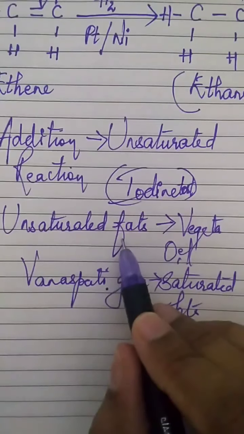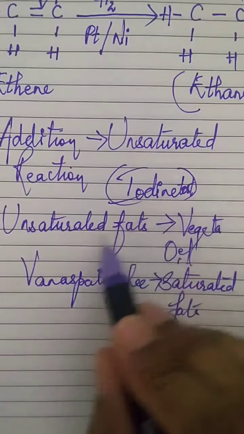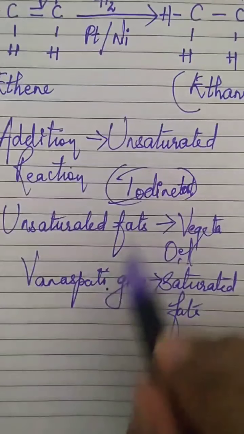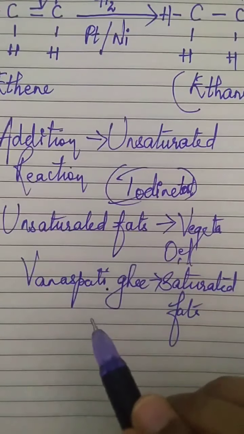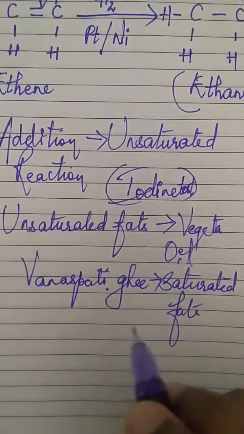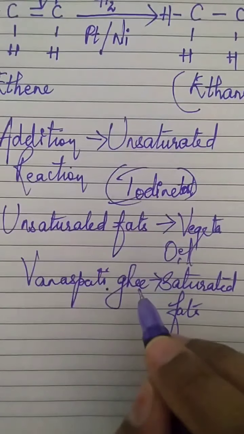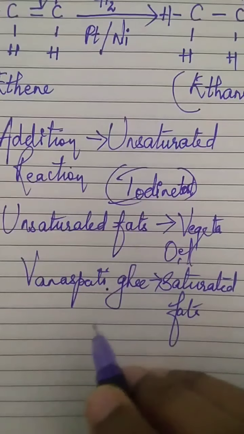With unsaturated fats, iodine will not give any color. Whereas with Vanaspati ghee, if you add iodine, it is called tincture iodine. Tincture iodine you have in your practical, you might have seen. If you add it to Vanaspati ghee, you will see that the color changes.